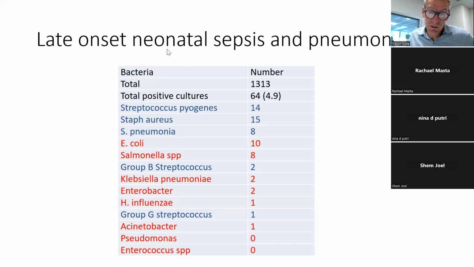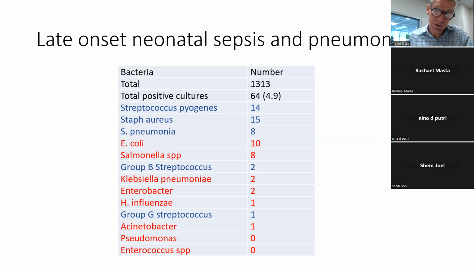Late onset neonatal sepsis and pneumonia, again, this is a large compilation of studies, many studies that have been done, but as a baby gets a little bit older, then gram-positive infections become a bit more common, and Streptococcus pyogenes, or Group A Streptococcus, Staph aureus, and Streptococcus pneumoniae, they're a bit more common than gram-negatives, causing late onset neonatal sepsis.